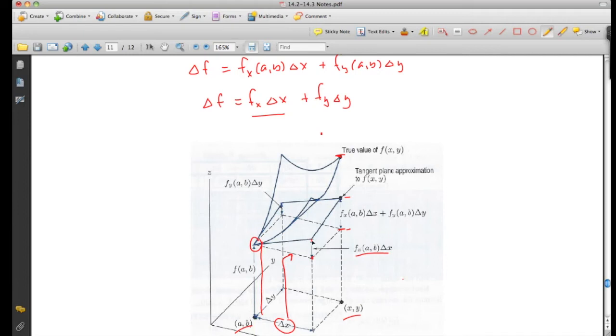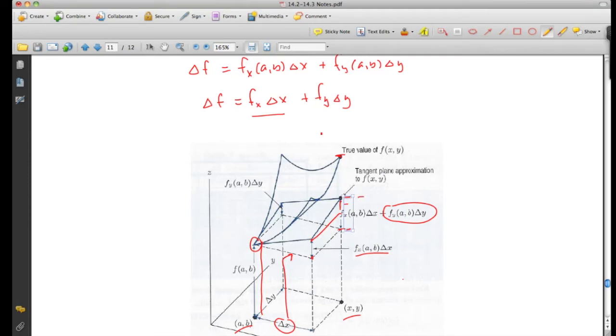One thing that's not in the diagram, I think that they probably should have drawn another line that goes across this way. And think about that there's another right triangle here, and if you think about what's the change here, that really is just the partial derivative with respect to y at AB, and then multiplied by the change in y. Okay, if you add those two things together, you're going to end up with the total change here.